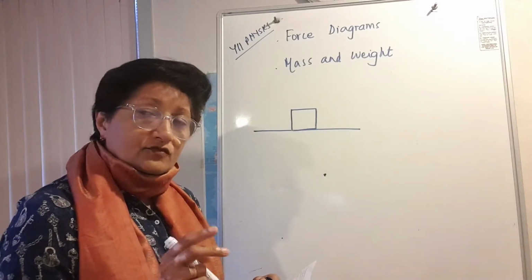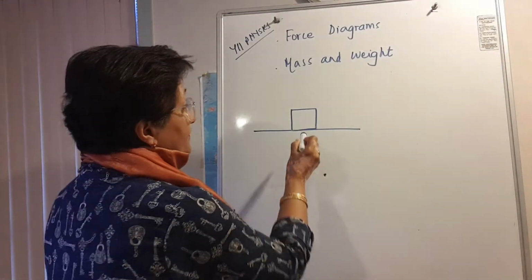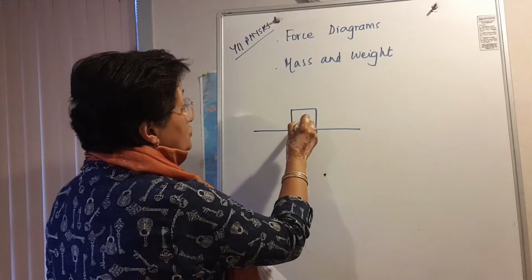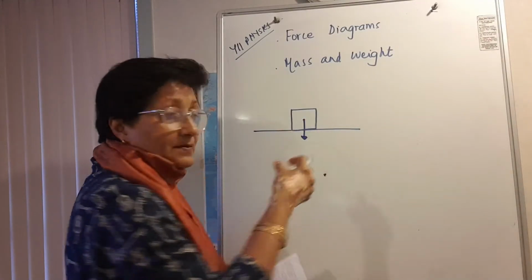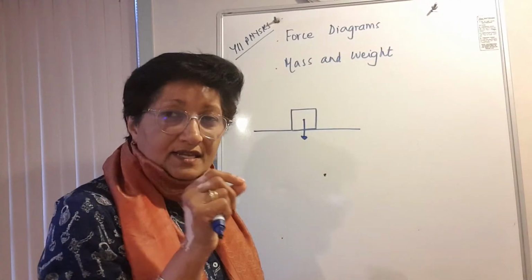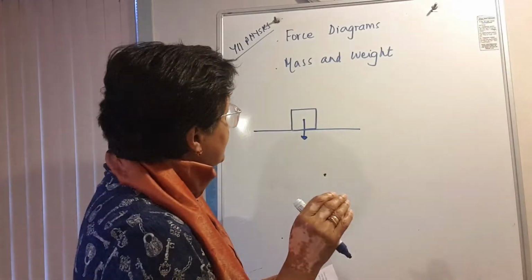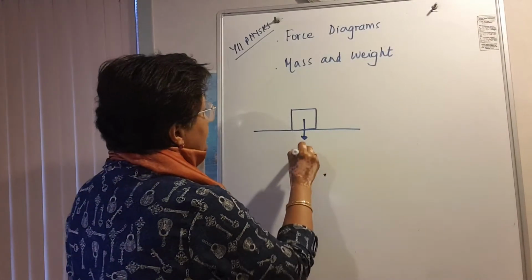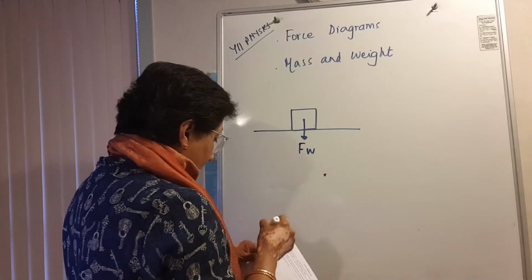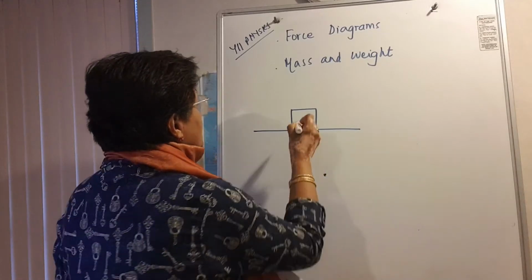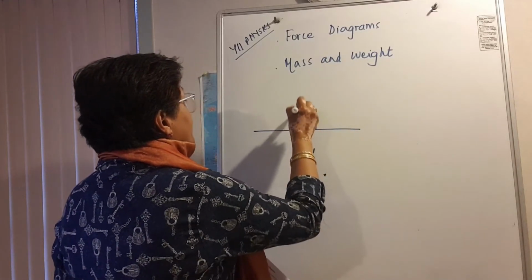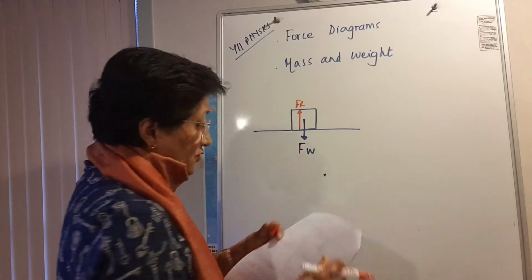There are two ways of drawing the weight force. One, you can start from the bottom of the box, or you could start from the middle of the box, because the mass of an object is concentrated at the point where the object will balance. It's called the center of mass, but you can draw it this way. And the reaction force is from the ground, so you're actually drawing an equal and opposite arrow from the ground. So this is your reaction force.